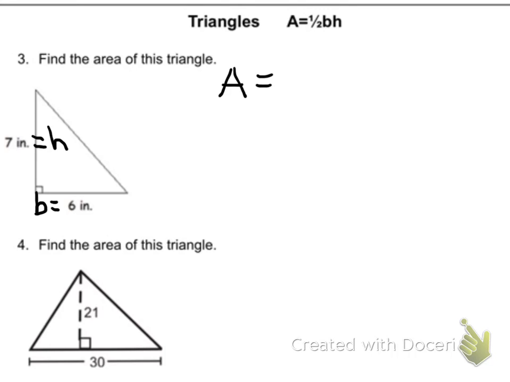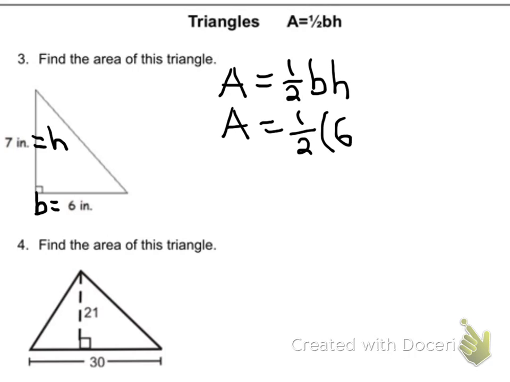Please rewrite your formula. 1/2 B times H, where area equals 1/2, base is 6, the height is 7, so the area equals, I'm just going to go ahead and cross out that 6 by dividing it by 2.